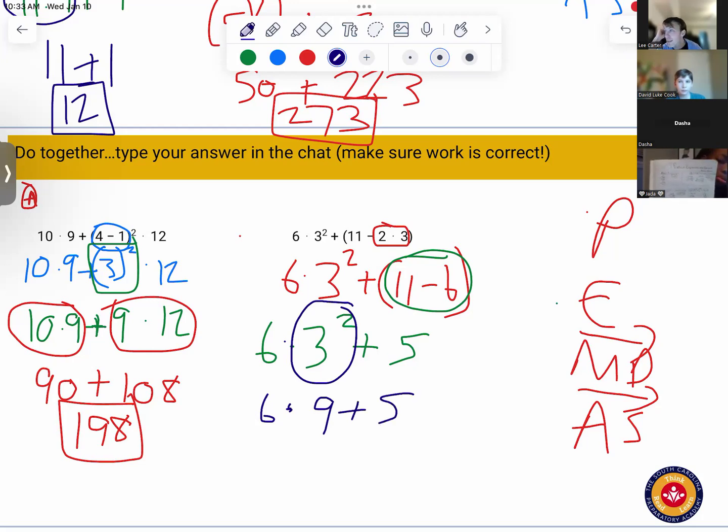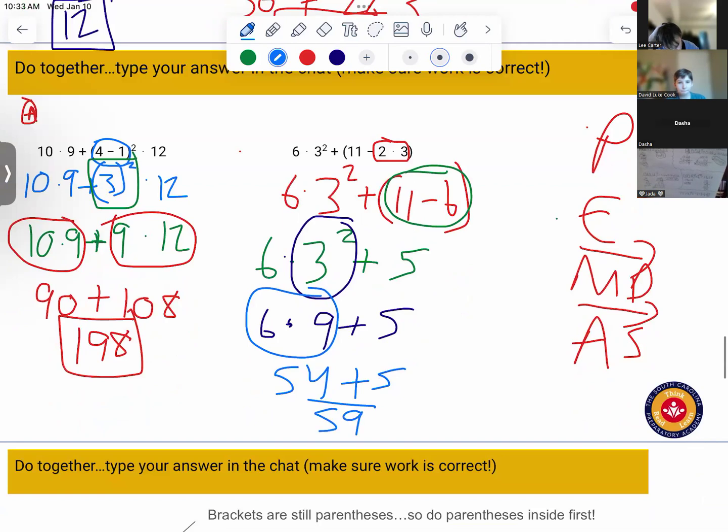Charlie, I think you did the problem right, you just made a computation error. Then we multiply: 6 times 9 is 54, plus 5 is 59. So what did you get here? Give me any feedback. I see a couple of y'all made the same mistake the first time.